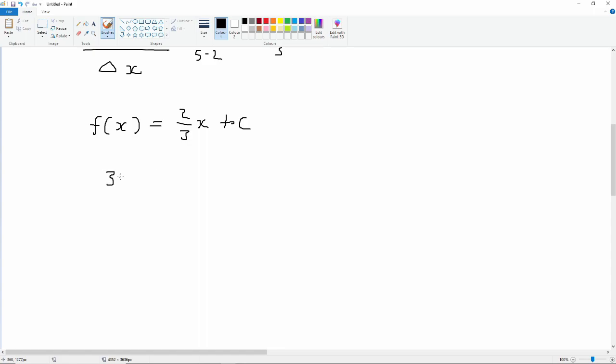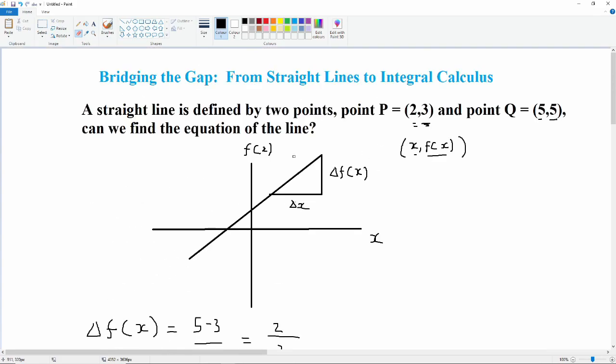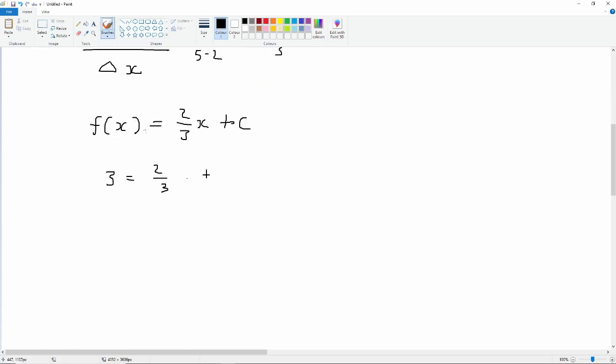So 3 is equal to 2/3 x plus, we don't say x because we know what x is. X is 2. And that's plus c.